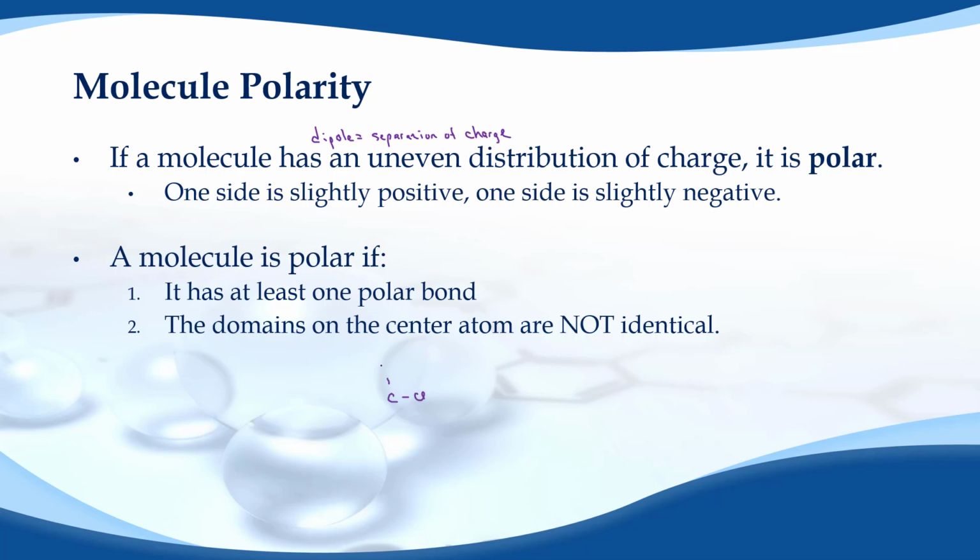So if I have one pointing to the top, one pointing to the bottom, one pointing to the left, one pointing to the right, and they're all the same, they all cancel out. So even if every bond is polar, when you do it on a molecular scale, it is possible to cancel them out. So we want to see the domains in the center atom are different. And I'll give you 3 different examples. 2 of them are polar, 1 of them is not. And we'll go through how they work.